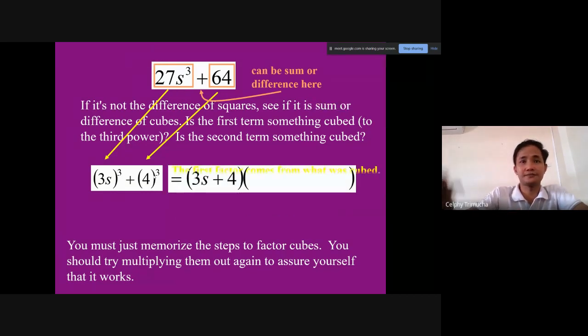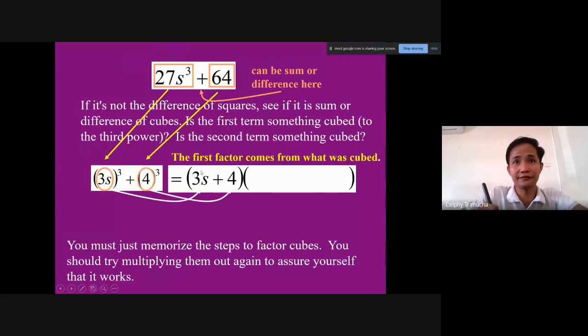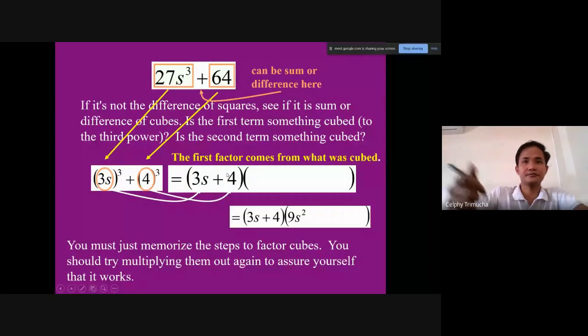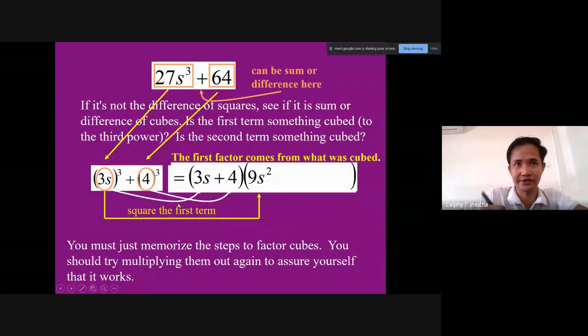So we have, first factor comes from what was cubed. Whatever we cubed is our first factor. So we have 3s and positive 4, so 3s plus 4. Next, square the first term.